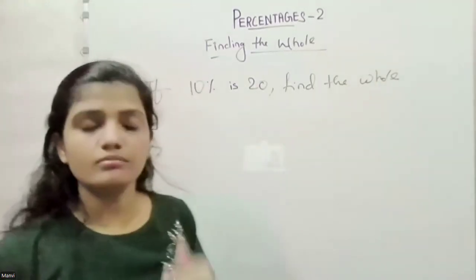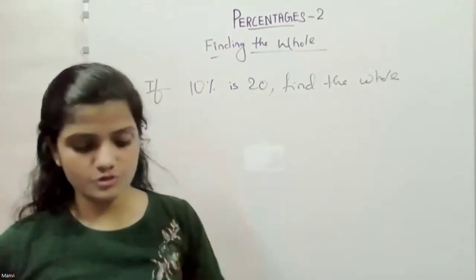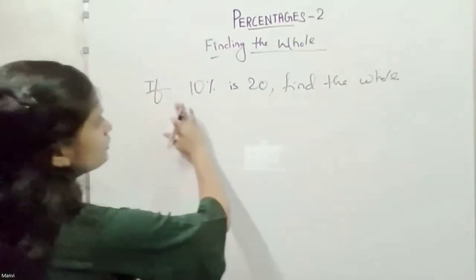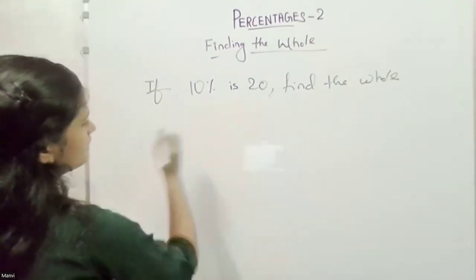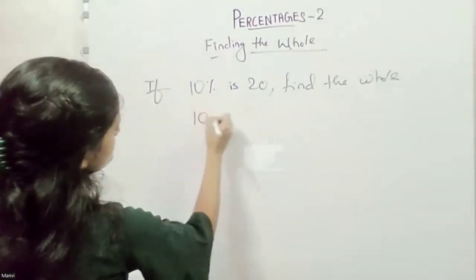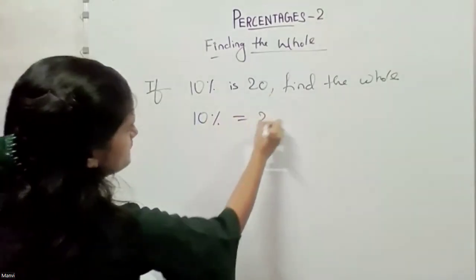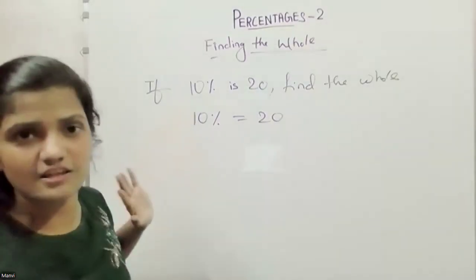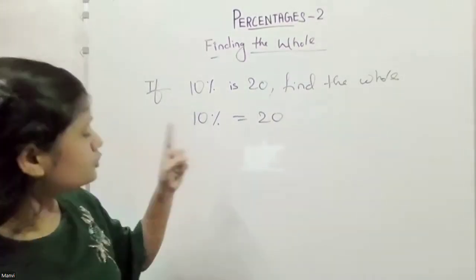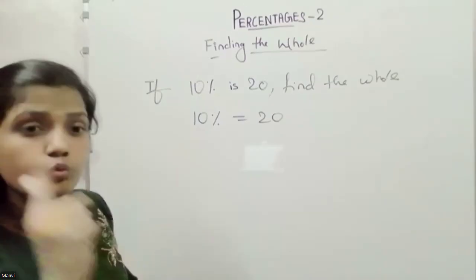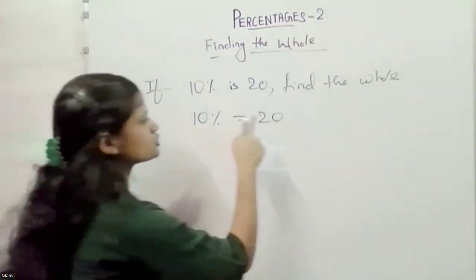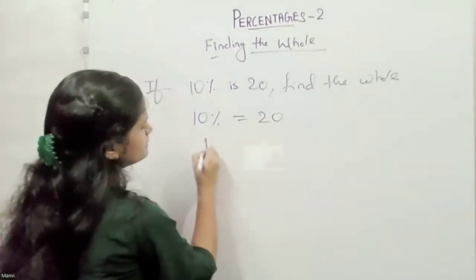So we are approaching this step by step. Step 1 is to write out the percentage whatever is given. They give us 10%, which is 20. Step 2, try to find the value of 1%. So here, as 10% is 20, what will be 1%, Kavya?